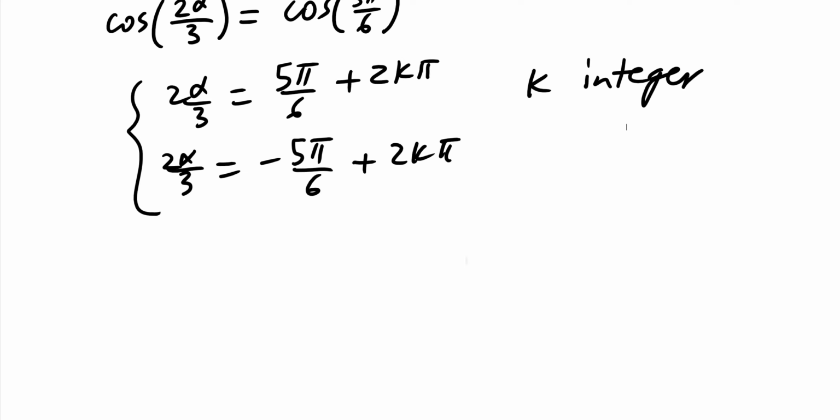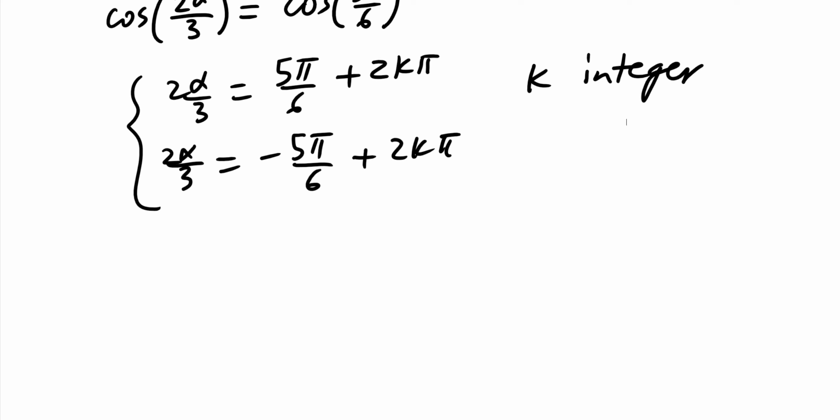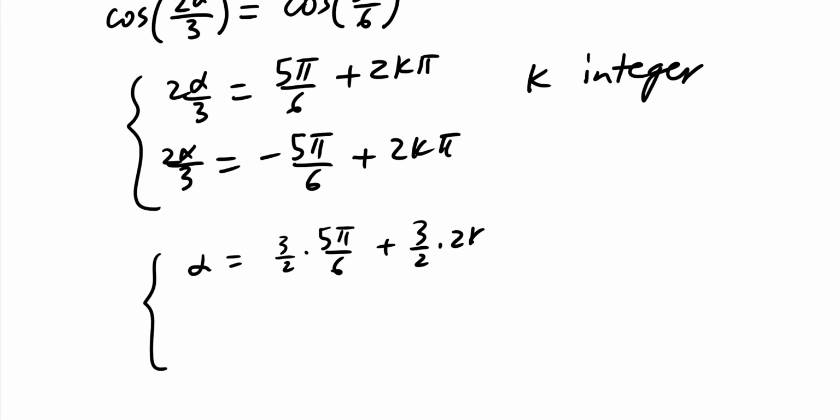Now another thing here, I'm not done with this alpha thing. So what I need to do, multiply everything by 3 because there's a 3 here. Or just multiply everything by 3 halves. So 3 halves times 5 pi over 6, 3 halves times 2k pi. Again, the same thing: negative 3 halves times 5 pi over 6, 3 halves times 2k pi.